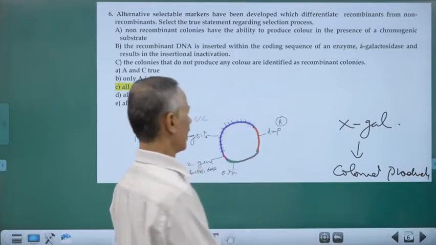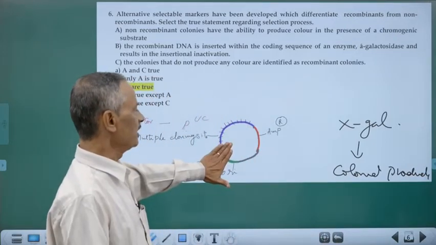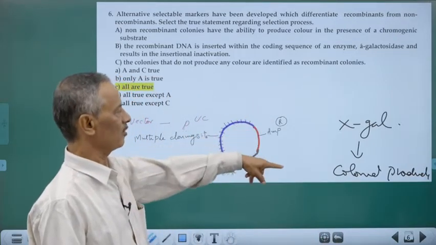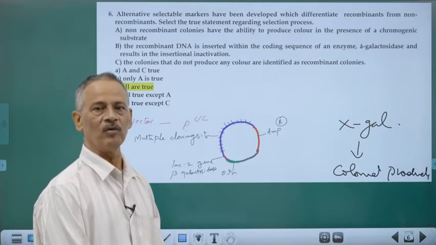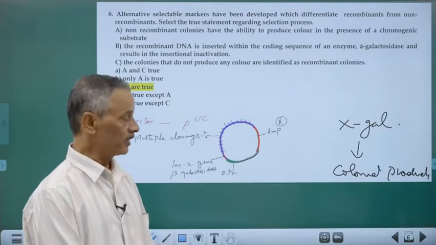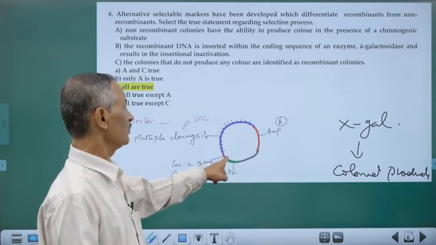Okay, beta-galactosidase. So, if this gene is active, the X-gal will be converted into colored products. So, the colony will grow as colored, which indicates that this gene is active.